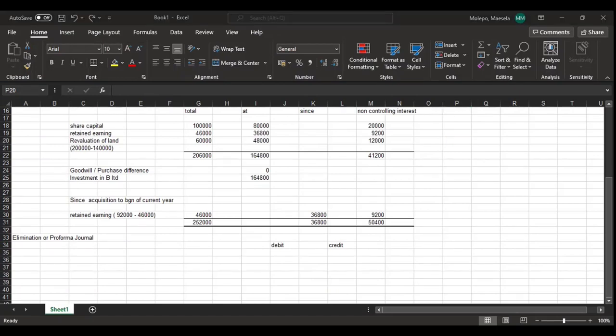This revaluation happened on that day; the land belonging to B was revalued. We see the revaluation happened, but it was not done in the books. Do you see that statement? Yes, sir. Okay.